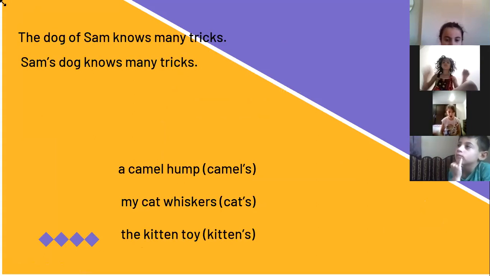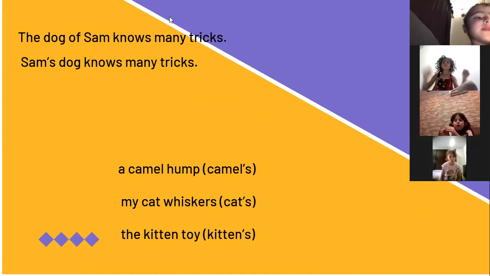Now the first sentence, I want Juni to read the first sentence. Yes. Read the first sentence, please. The dog of Sam knows many tricks. Okay. The second one, the dog of Sam. So Sam owns the dog, right?